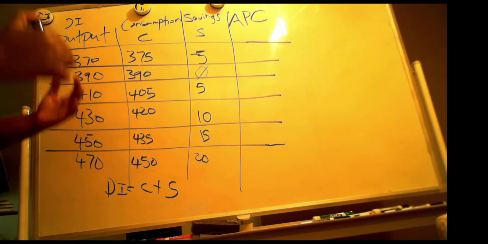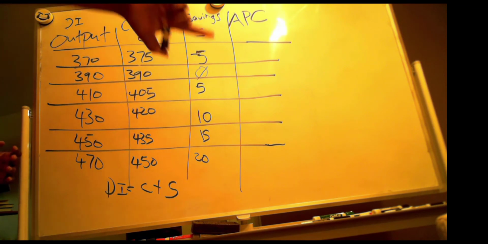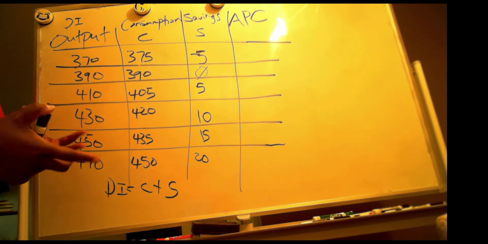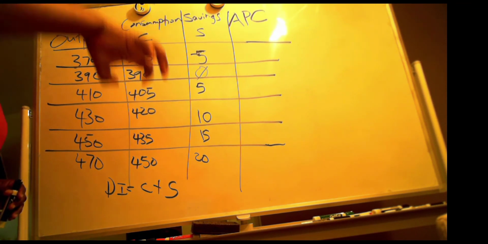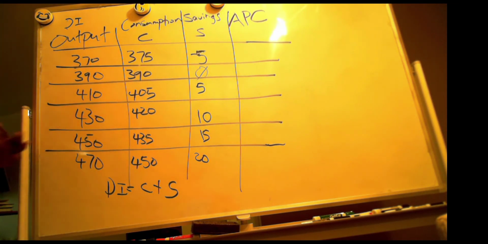The average propensity to consume is just the share of your income that's consumed. Think of it: you have your income pie, that's all the money you have. What proportion, what percentage of it is consumed? That's the APC.